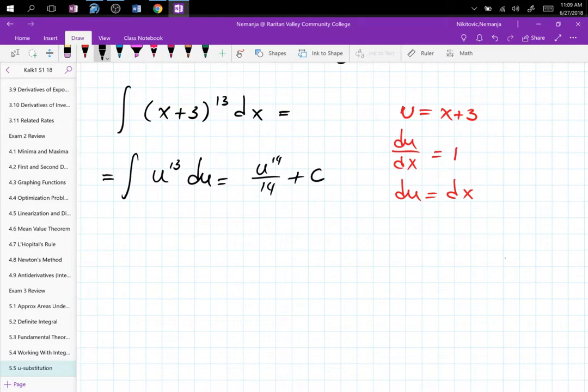Now we have to go back into the x variable, right? Because the x variable is the one that was in the original problem, not u. So you have to remember to put back x. So it's 1 over 14 times x plus 3 to the 14 plus c.